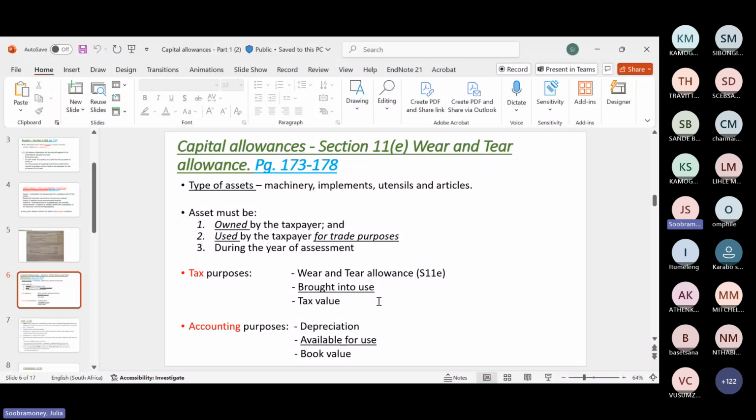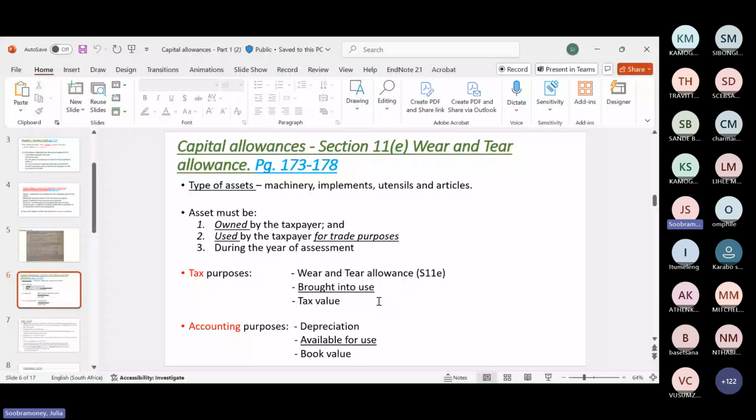Everyone with me? And I always say this to students: when you study tax, don't study something off by heart, but study it with understanding. Because if you understand a principle, no matter what question we give you, you're always able to answer it. So it's just like this tax value and book value. A lot of students will give me the calculation.